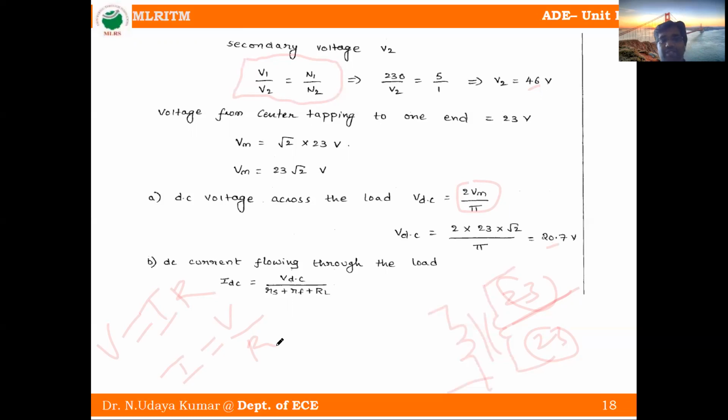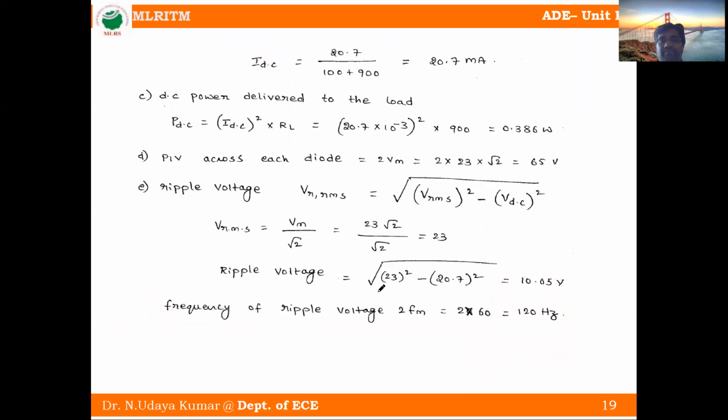So IDC means the direct current at the output side: direct voltage by total resistance, that is source resistance, forward resistance, and load resistance. So we will get the DC current. Next, DC power: I square into R, measured in watts. Peak inverse voltage, we will get 65 volts. Okay, ripple voltage, we will get 23.